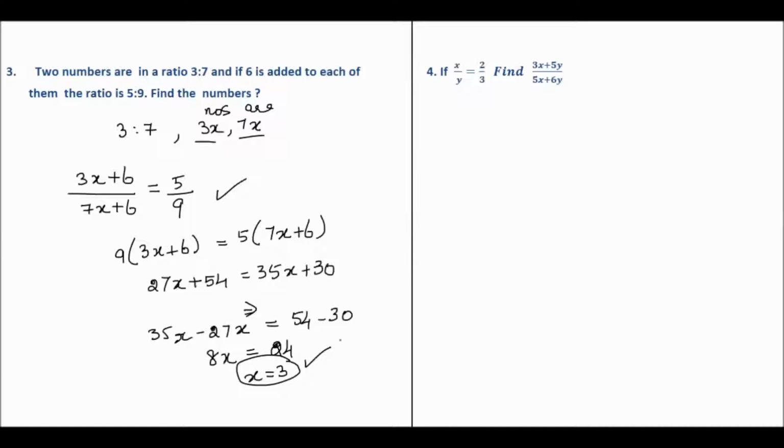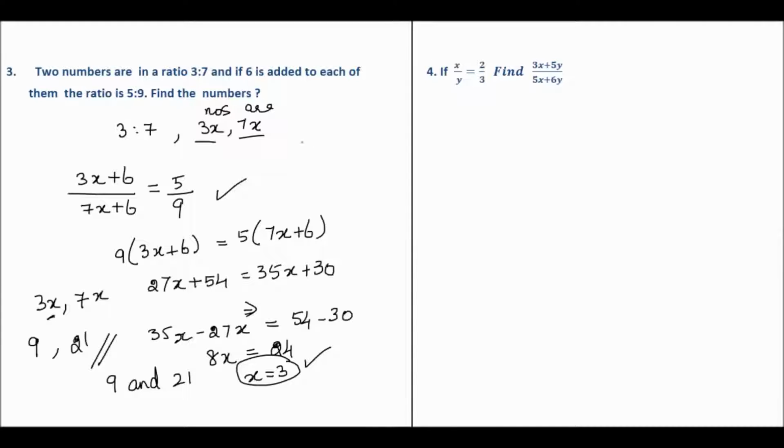The main aim is to find the x, and if we know the value of x, we can easily find the numbers. The numbers are 3x and 7x. We know the x value: 3 into 3 is 9, which is the first number, and 7 into 3 is 21, which is the second number. 9 and 21 are the numbers.